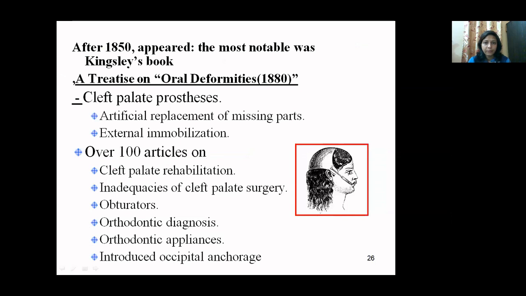After 1850, the most notable work was Kingsley's book, A Treatise on Oral Deformities. In that book, he mentioned the cleft palate prosthesis, and he wrote more than 100 articles about cleft palate rehabilitation, inadequacies of cleft palate surgery, obturators, orthodontic diagnosis, and orthodontic appliances, and he also introduced the occipital anchorage in orthodontics. That figure shows the occipital anchorage used by him.